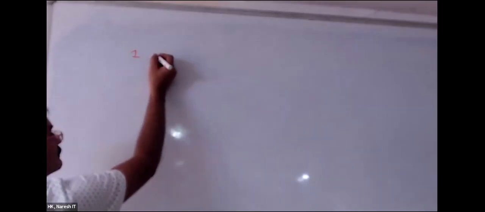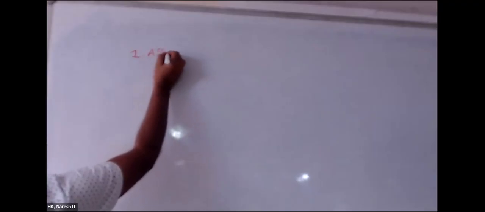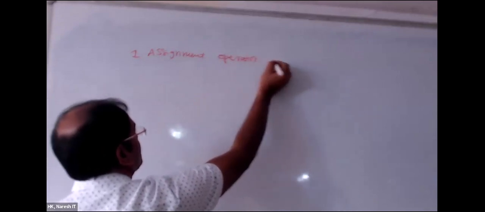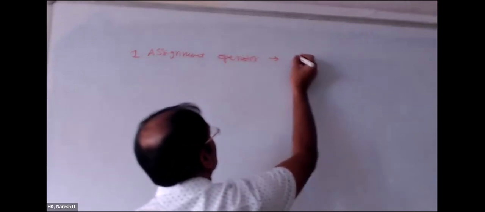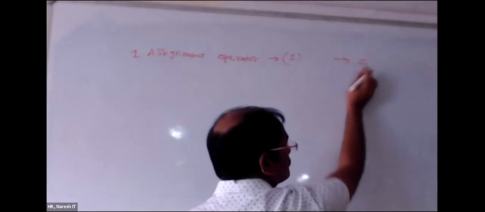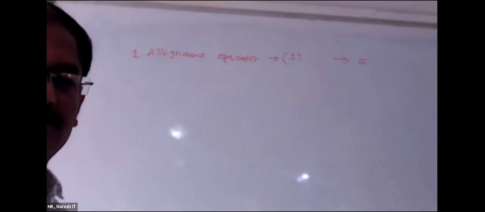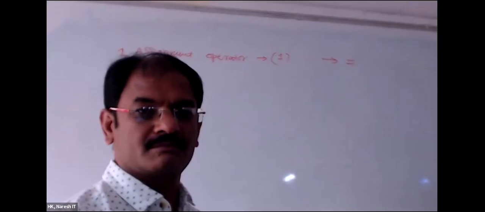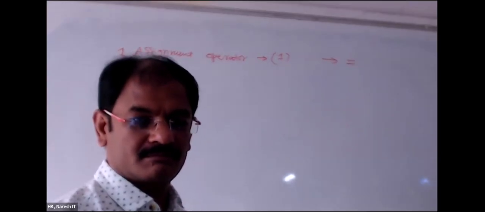The first group is the assignment operator. How many are there? Only one, that is equal to.